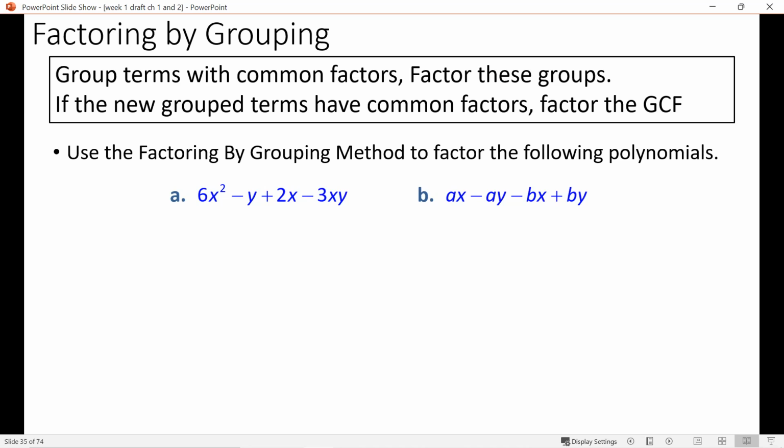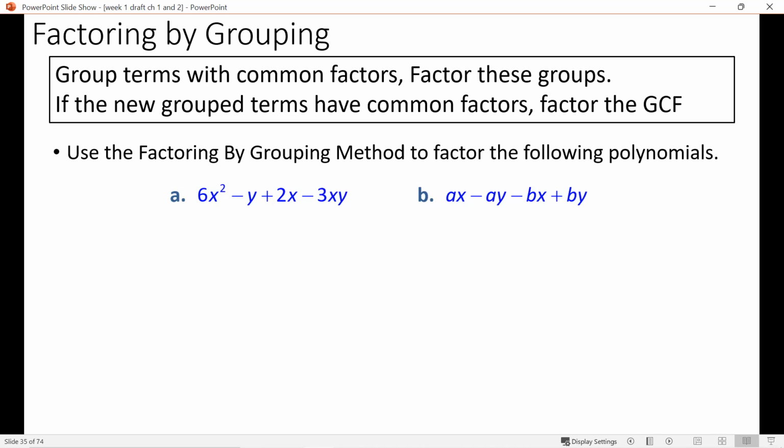That's really the first thing you're always going to do. And then here's another technique called factoring by grouping. This is something we're going to work on more when we factor polynomials that are not quadratics or binomials. We use factoring by grouping in higher degree polynomials or polynomials with a lot of terms.